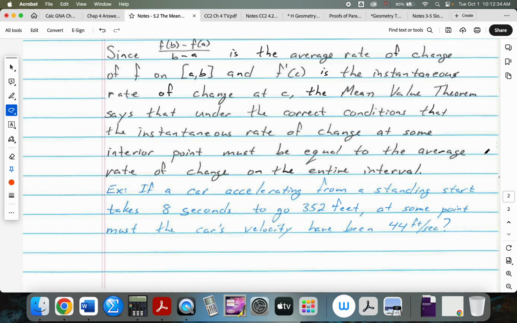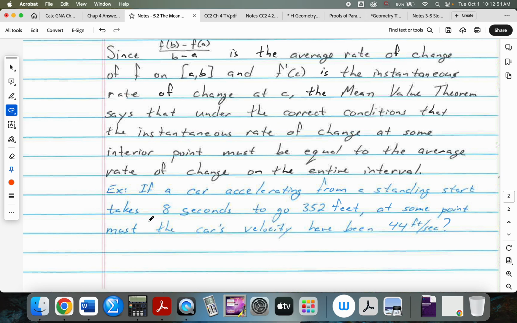So, let's take a look at this one. If a car accelerating from a standing start takes 8 seconds to go 352 feet, at some point must the car's velocity have been 44 feet per second?